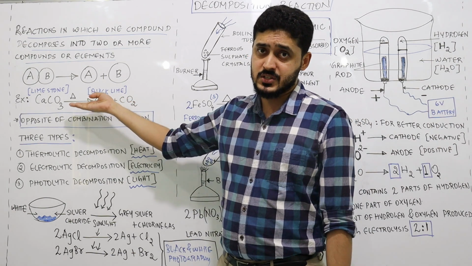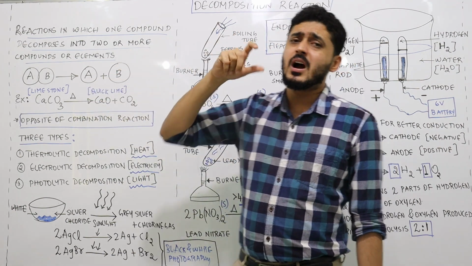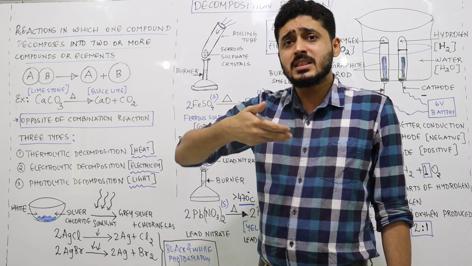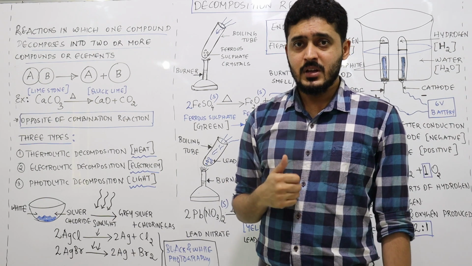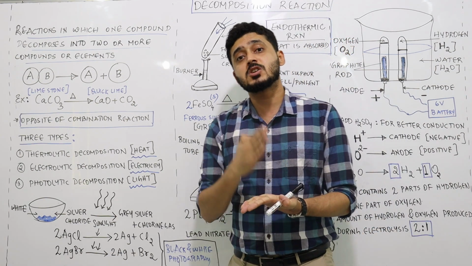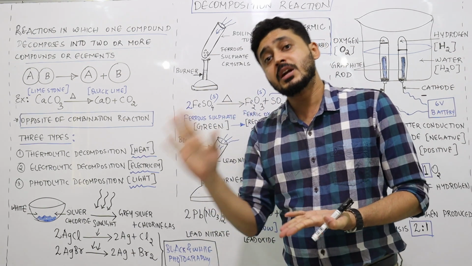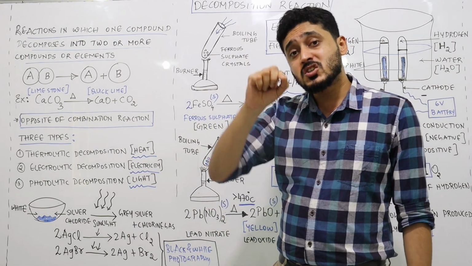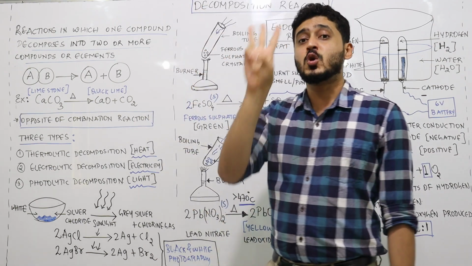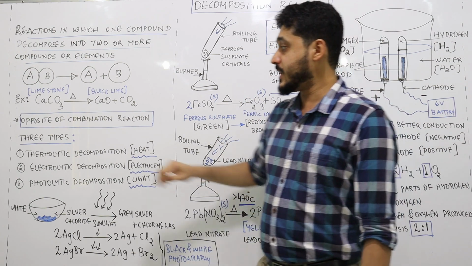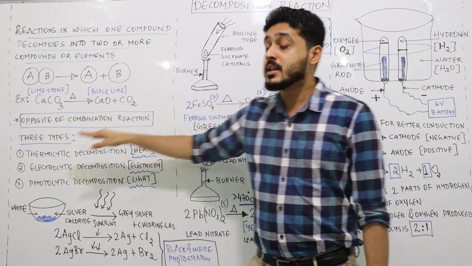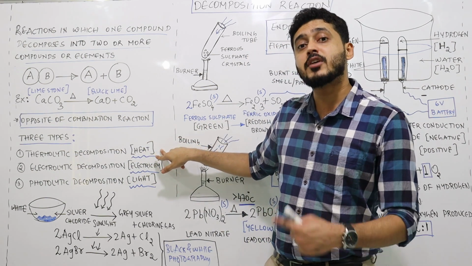They use these reactions. Now, a question is, how do substances get decomposed? That means there should be some external energy provided so that the reactants get decomposed. Based on what kind of energy you give, you have 3 types of decomposition reaction. The first is thermolytic decomposition, where you give energy in the form of heat.